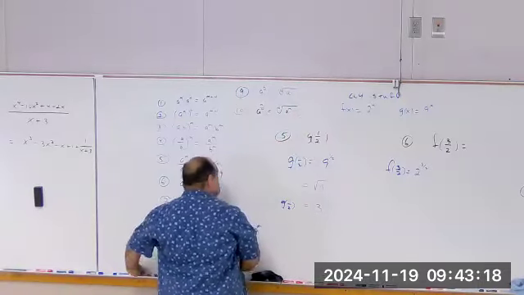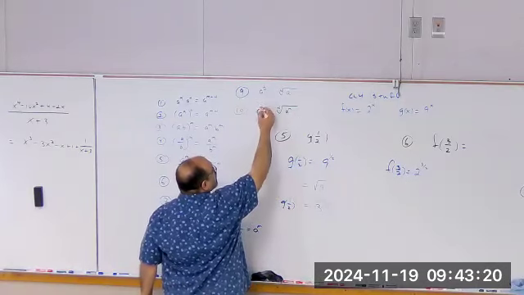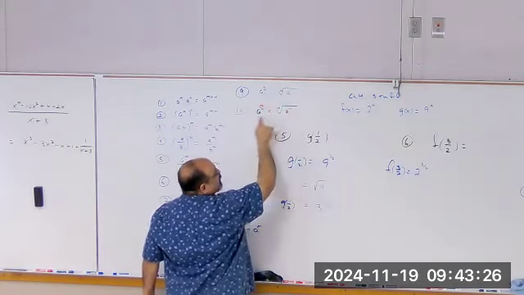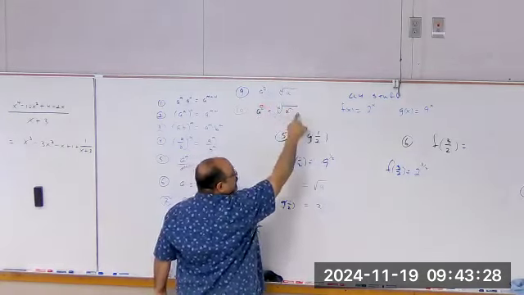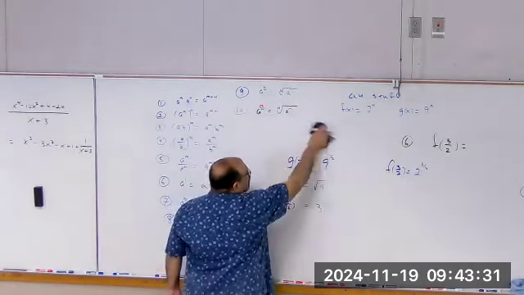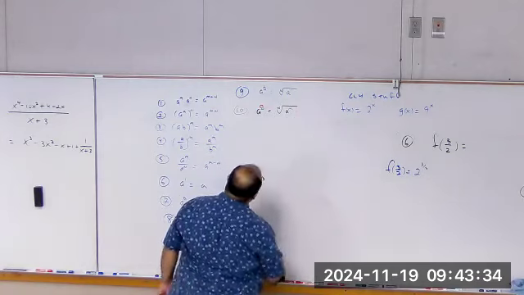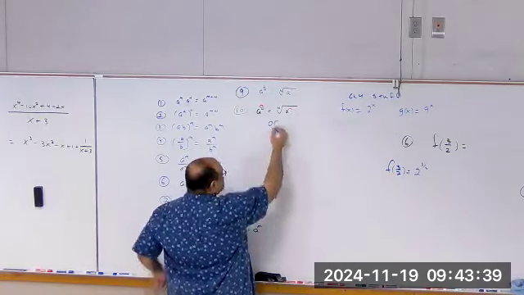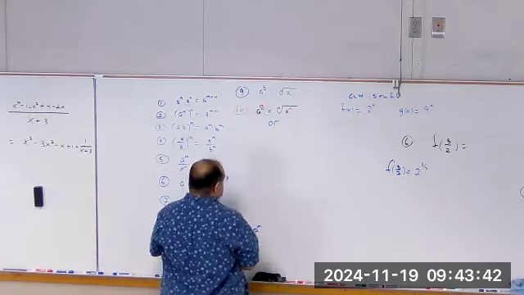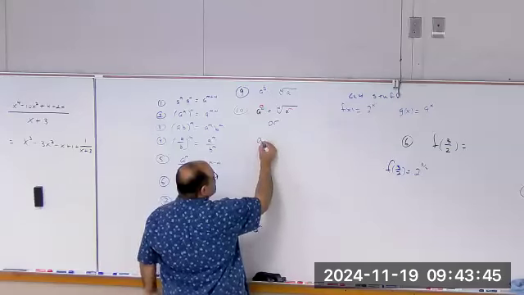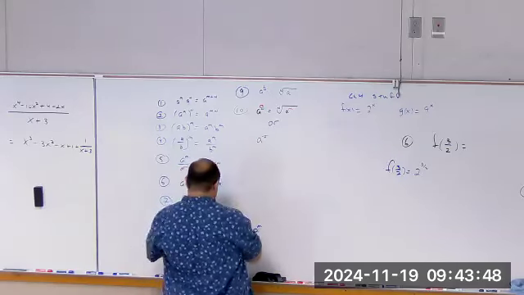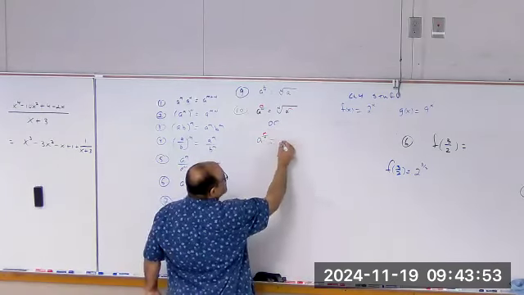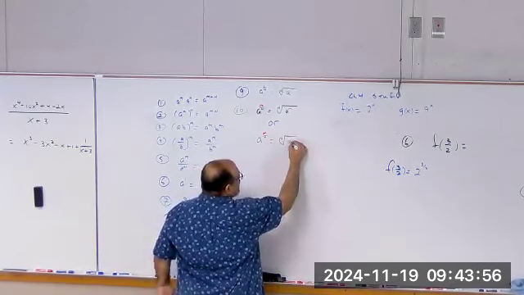Here, let me do this differently. M is always going to be the power. So I can raise a to the m and then take the nth root of it. Or, there's an or: it's the nth root of a.